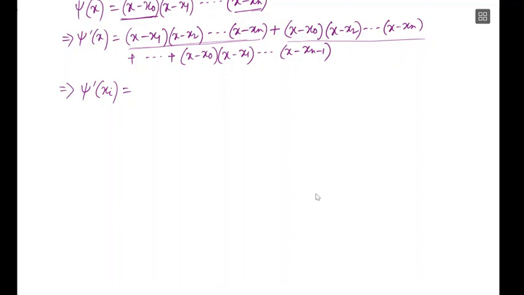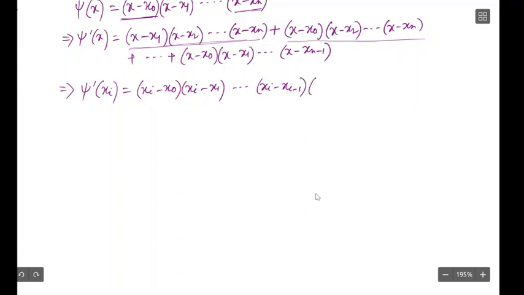And so, when we are putting x equals to xi, only that term will remain there, and that value will be xi minus x0, xi minus x1, xi minus xi minus 1, xi minus xi plus 1, xi minus xn.